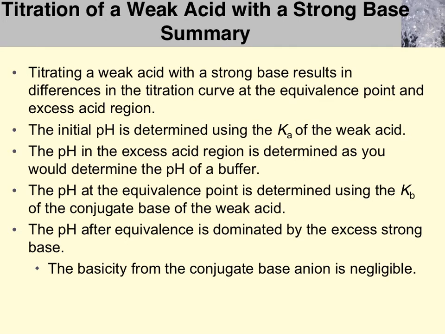Here's a summary slide that you may want to jot down because there are seemingly so many different steps in calculations for titrating a weak acid. And so just to quickly summarize, the initial pH, and again this is only for a weak acid, is determined using the Ka of the weak acid and an ice table.